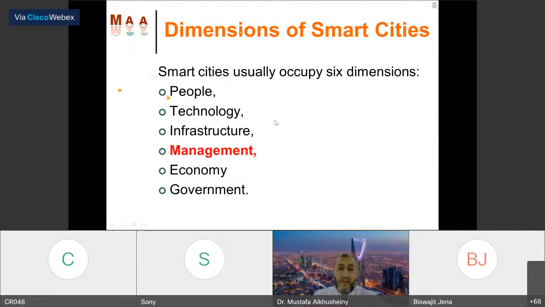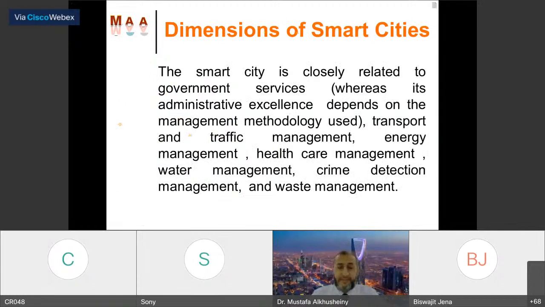Dimensions of smart cities. Smart cities usually occupy six dimensions: people, technology, infrastructure, management, economy, and government. Our presentation today will be with the fourth dimension, which is related to management.